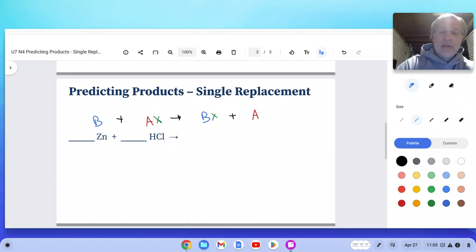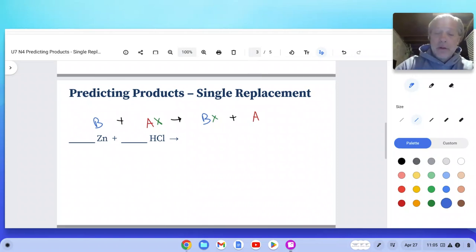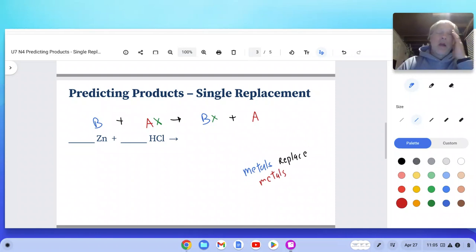And in this case, what we have to remember is that metals replace metals. And I realize that hydrogen in this case is technically not a metal.